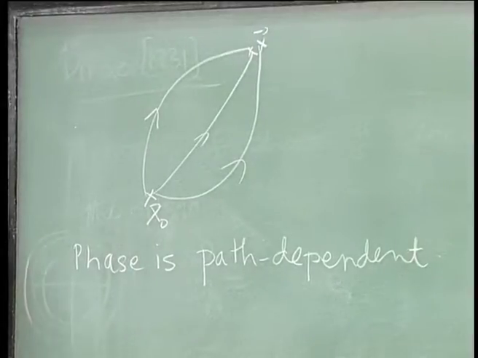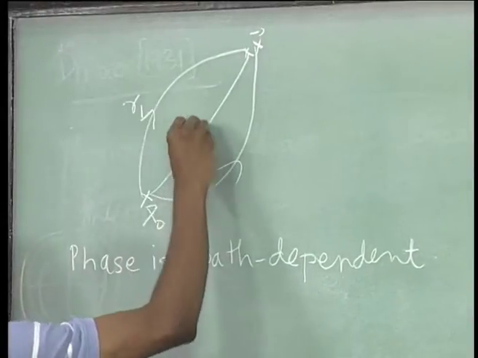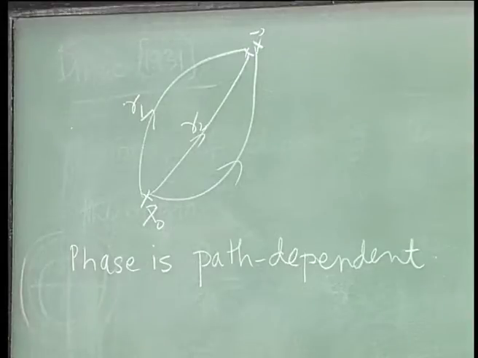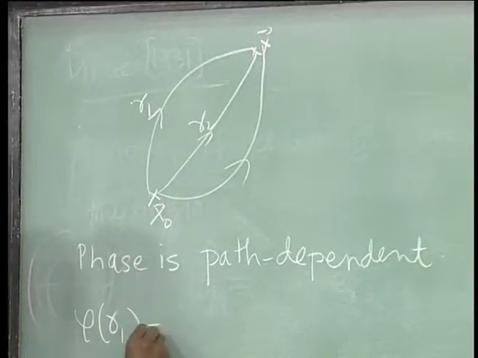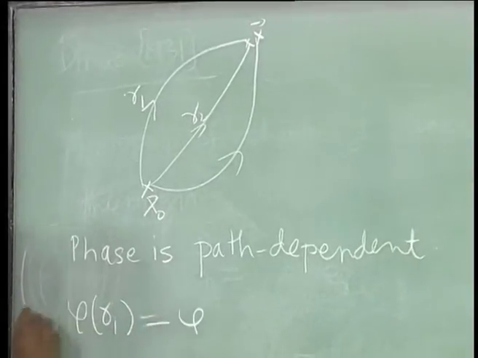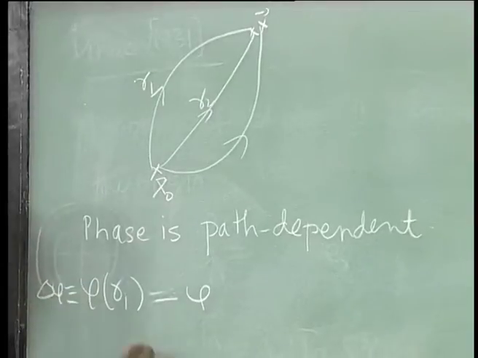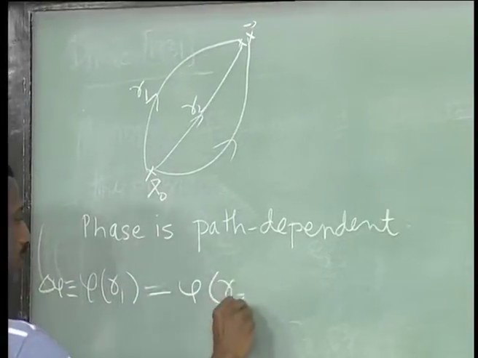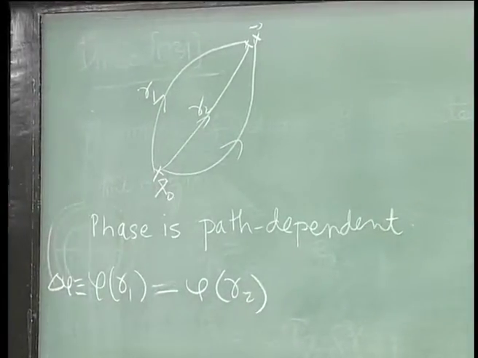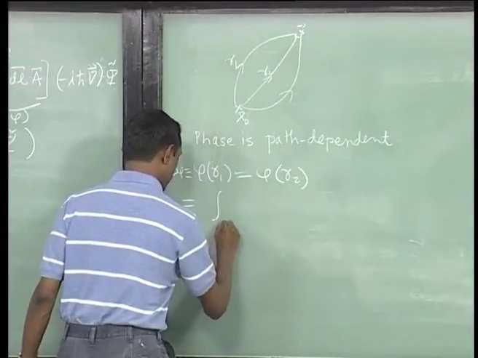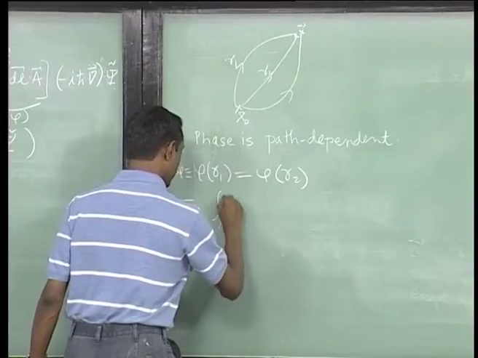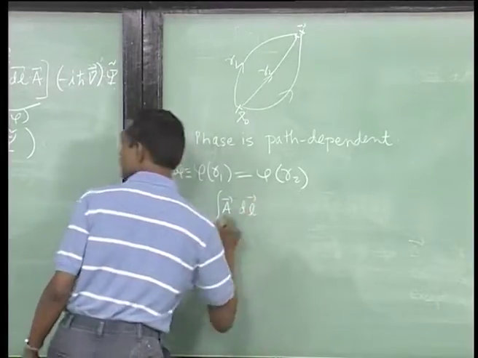Okay, so let's choose two paths, gamma 1 and gamma 2, and ask what is the difference between the paths. So delta phi will be defined to be phi of gamma 1 minus phi of gamma 2. But these are both line integrals. So this is an integral over gamma 1 of A dot dl with some factors.